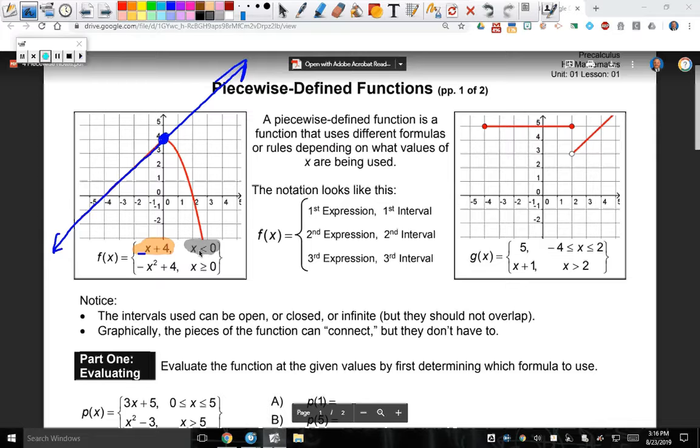So you learn domain for a reason, because if you know that x is less than 0, that means you're only going to draw. Let me erase the pieces that you won't draw. You will only put an open dot at 0 and you would draw to the left. Why? Because this told you what to draw.